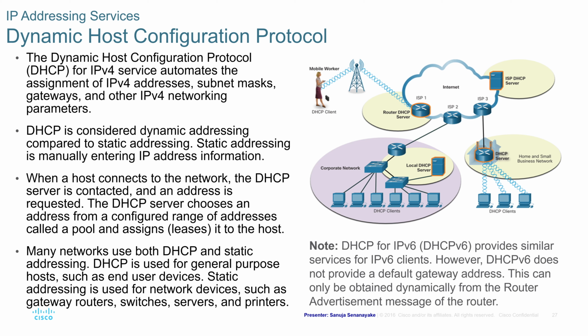DHCP is used for general purpose hosts such as the end user devices, while the static addressing is used for network devices such as gateway routers, switches, servers, and printers.